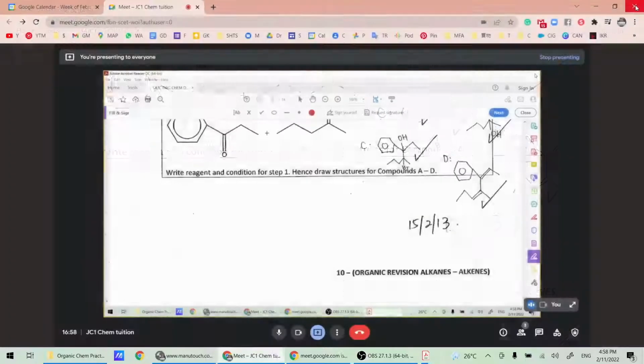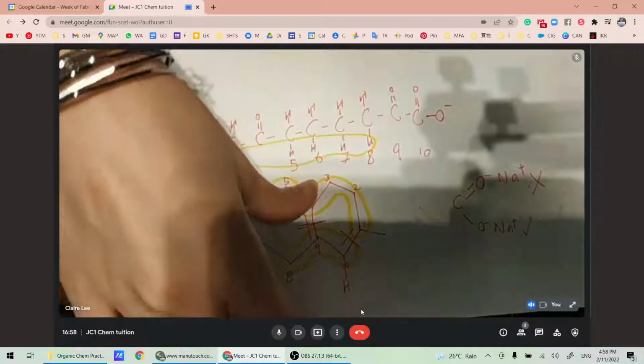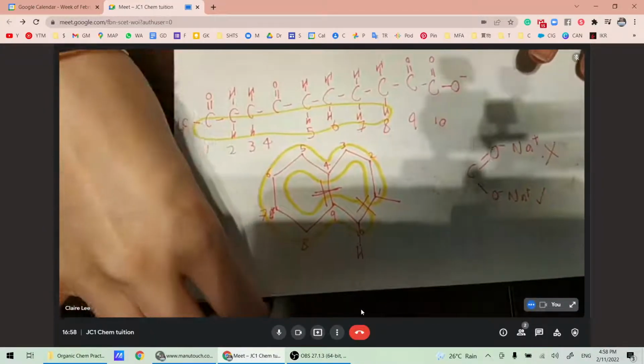So let's close this. Now we move on to halogen derivatives. I believe I went through the reagents and conditions, so let's go back to the reagents and conditions.